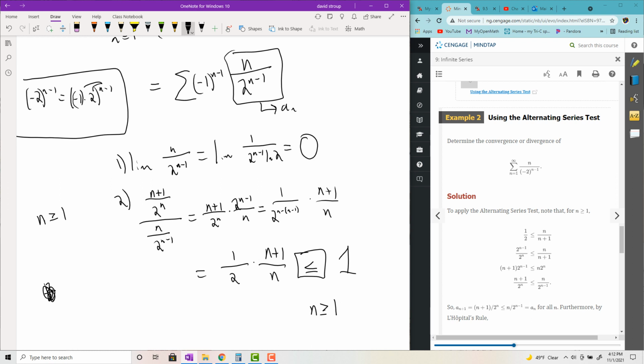Add n to both sides. So you'd have n plus n greater than or equal to n plus 1, so 2n greater than or equal to n plus 1. And then you can divide both sides by 2n because n is greater than 0. You get n plus 1 all over 2n. And that's the inequality right there.